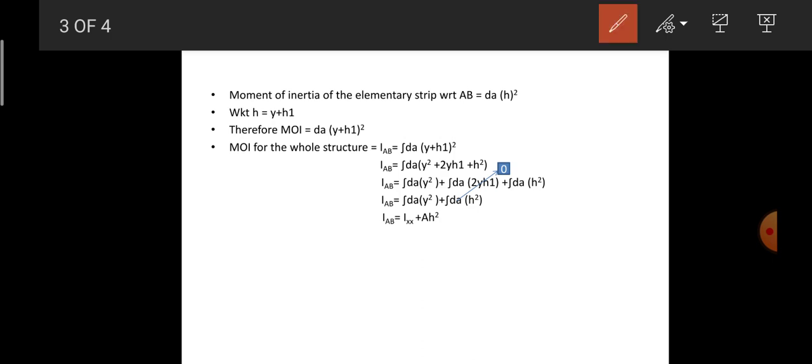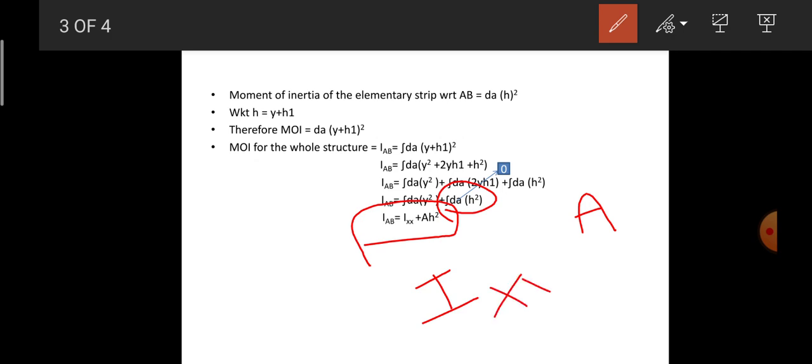Plus, integration of dA is equal to capital A, and h square remains as it is. Therefore IAB is equal to Ixx plus A h square, wherein Ixx will always be equal to integration of dA into y square.